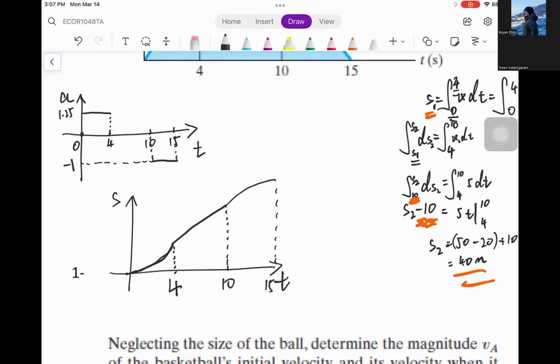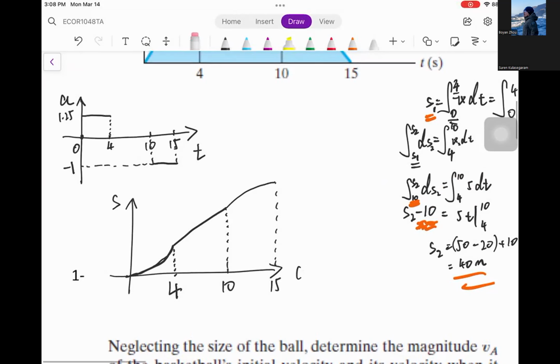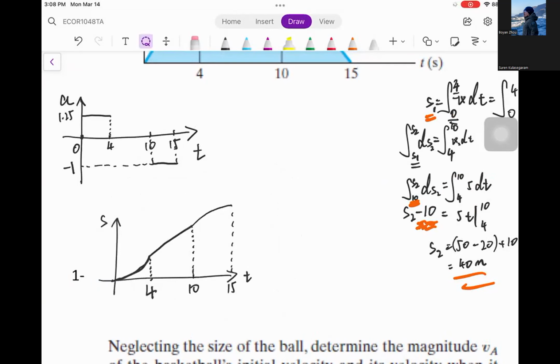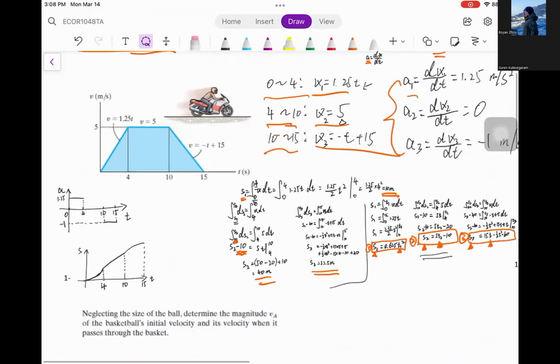So that is 15 seconds. So here's the diagram. And that is our first question.